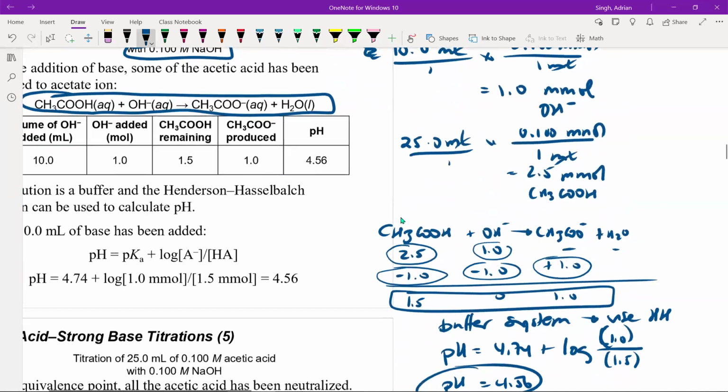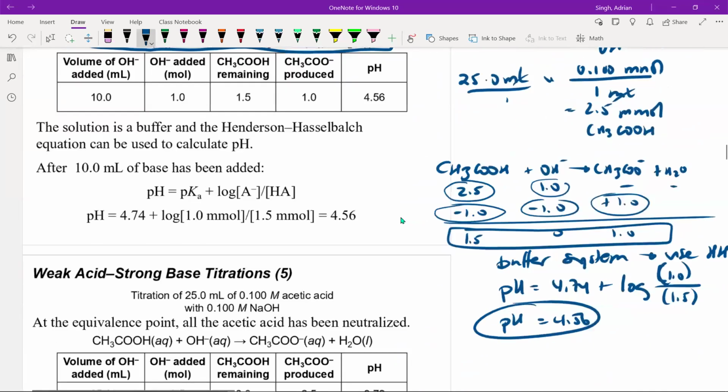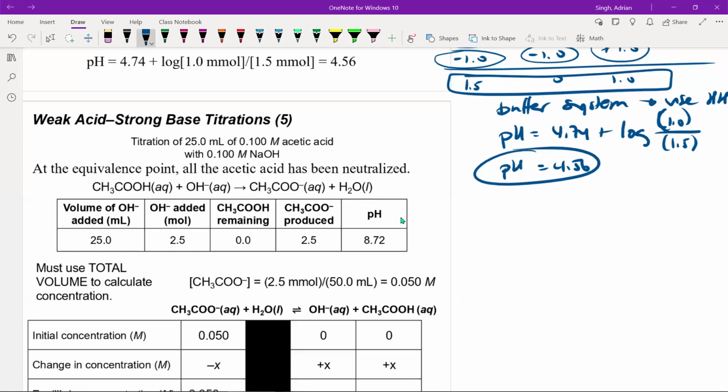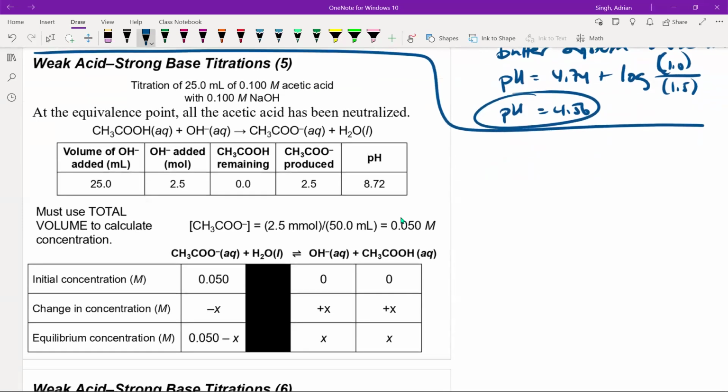Right, so we can do that incrementally until we get to, let's say, the equivalence point, right? And at the equivalence point, all of the acetic acid would have been neutralized. Okay, so if all of the acetic acid is neutralized, what we're left with then is going to be some of the acetate ion in solution.